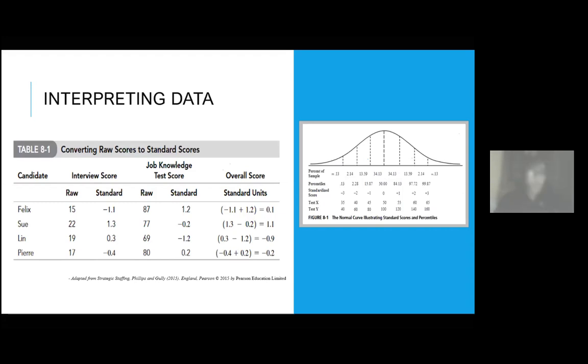What happened was that Pear had a low score for his interview. So Sue will fall in the positive 1, that's to the right of the mean, the standard score 0, and Pear would fall to the left of the standard score 0. And I turn to the final diagram.